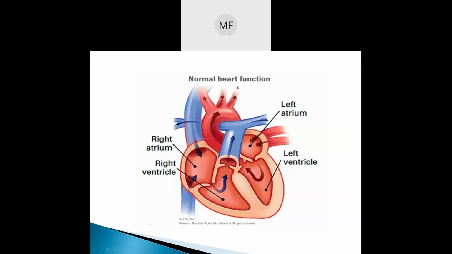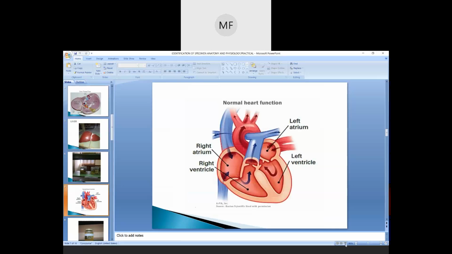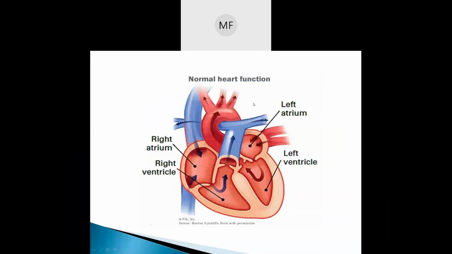Let's go for the left atrium. Then the oxygenated blood leaves the lungs and returns to the heart through the pulmonary veins and enters the left atrium.